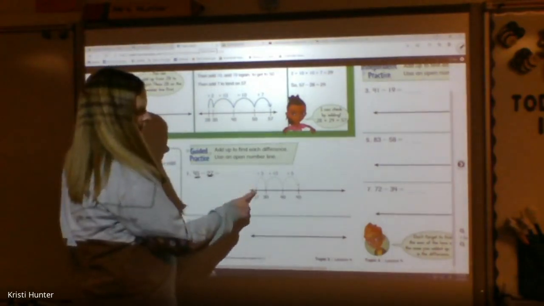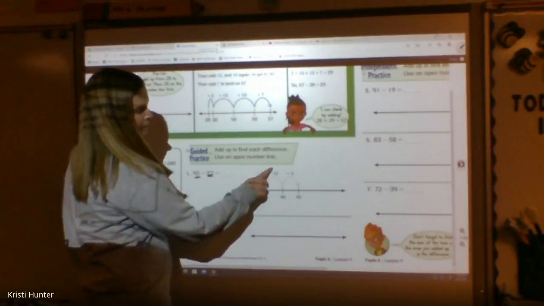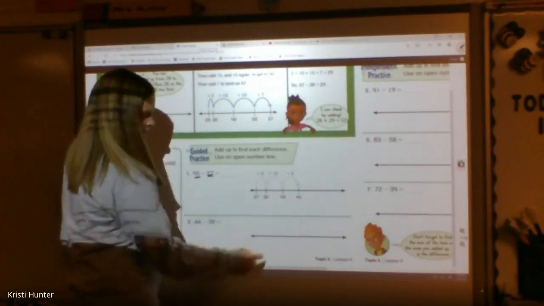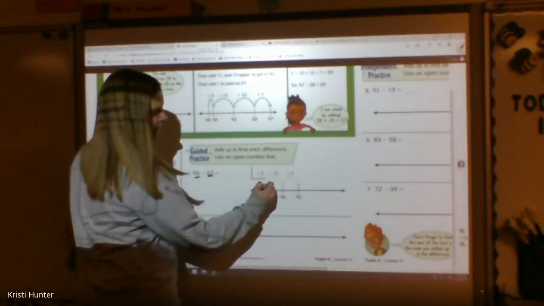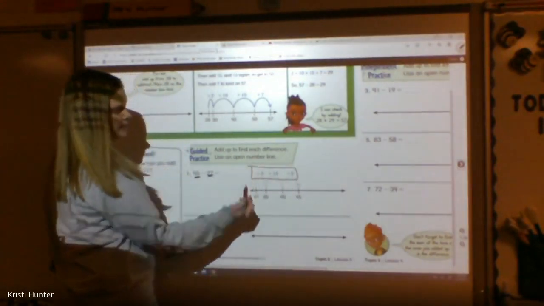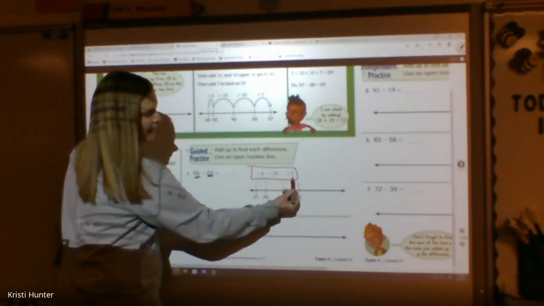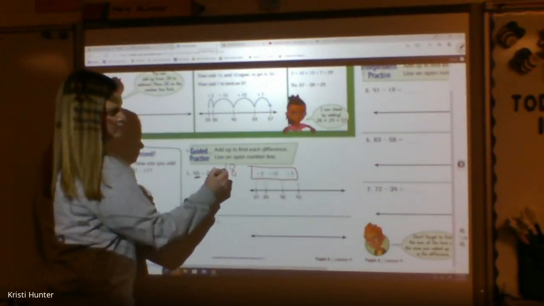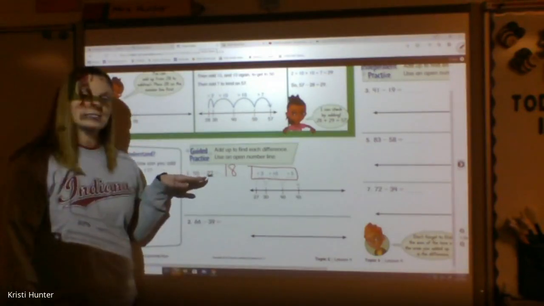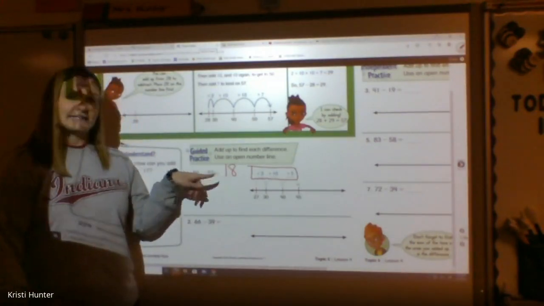When they did it, they did 3, 10, and then 5 more. So I'm going to add together these numbers right here. Well, 10 plus 5 is 15, plus 3 more makes 18. So for 45 minus 27, they would have 18.